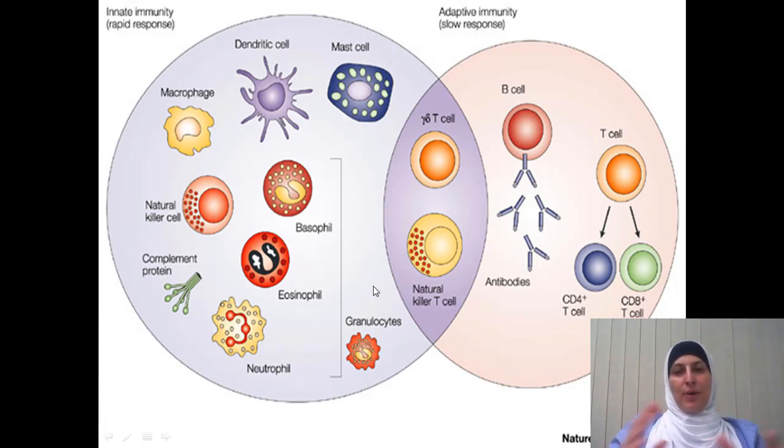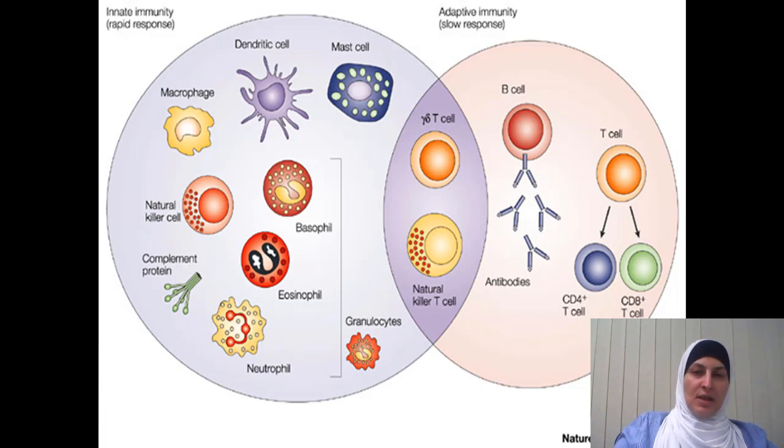So although we separate that there is an innate immune response and there is an adaptive immune response, in real life this is not true. Both of them take place at the same time, and both of them interact together. It's like an orchestra or a symphony, where each instrument is working separately, but if you want to hear the music, you need to hear all the instruments working together.